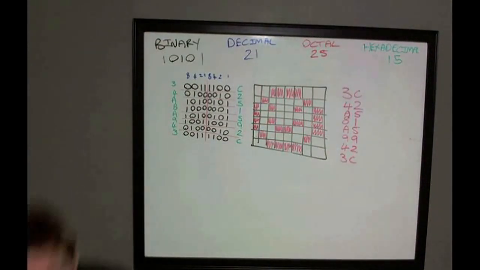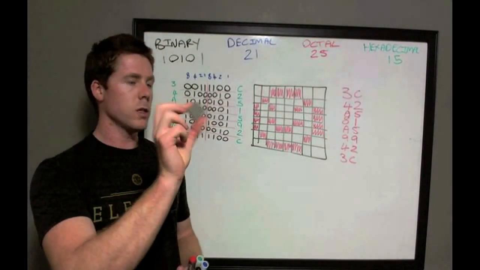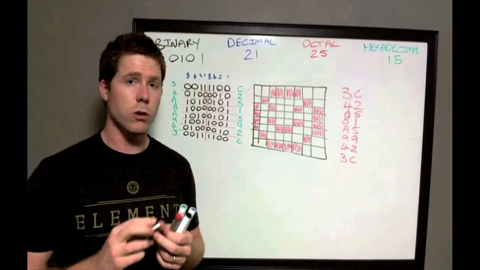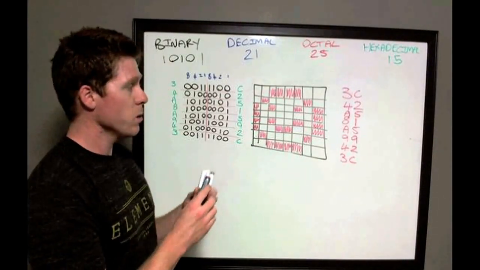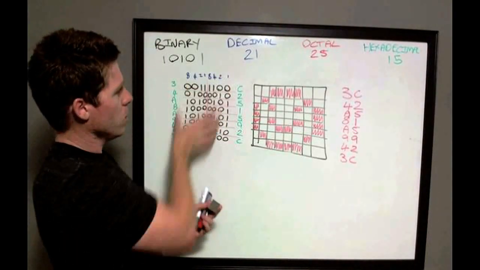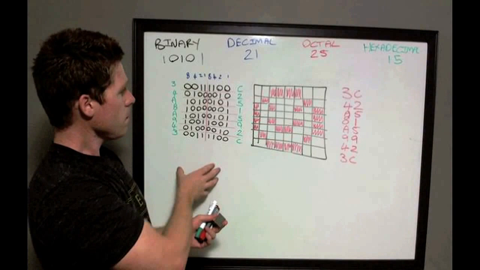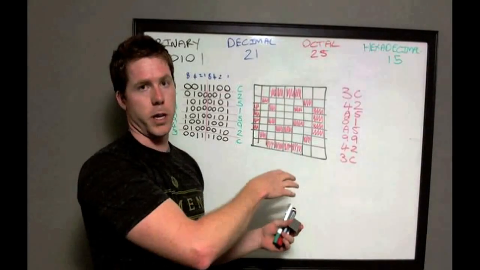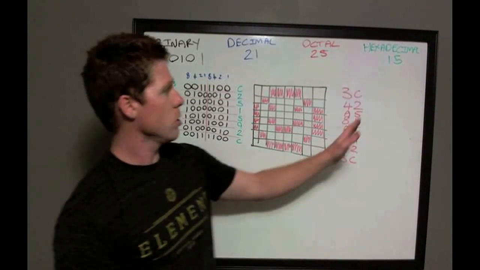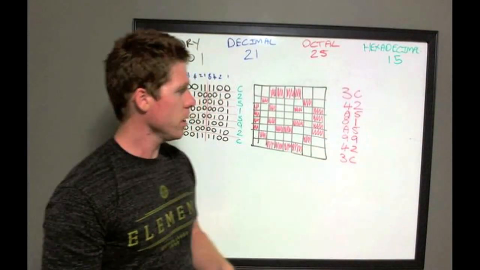So, my little LED matrix display, if I was programming this with a little microcontroller chip, if I wanted to display a smiley face on this screen, I could either type out all these ones and zeros, send it to the display, and it would display a smiley face. What I could also do is type it out in hexadecimal like this.